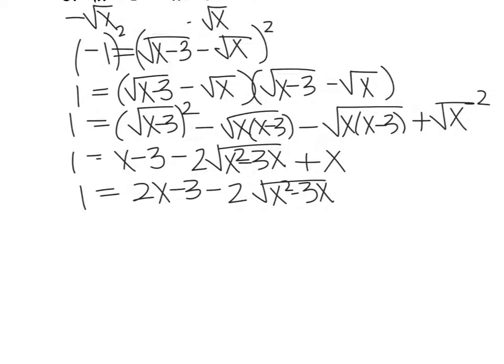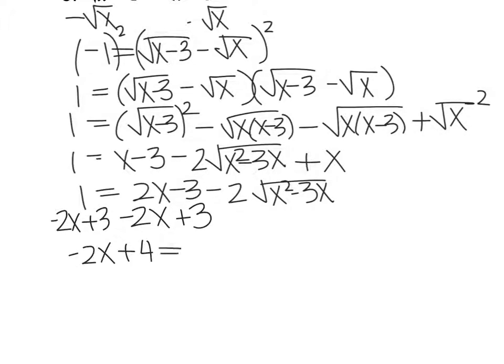Since we still have a radical, we need to isolate our radical again. So we're going to subtract 2x and add 3 to both sides. So we get negative 2x plus 4 equals negative 2 square root x squared minus 3x.